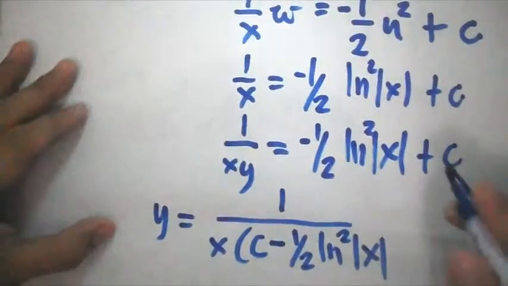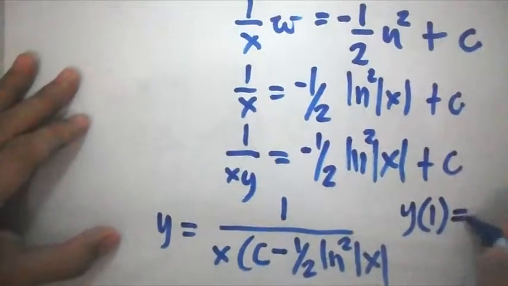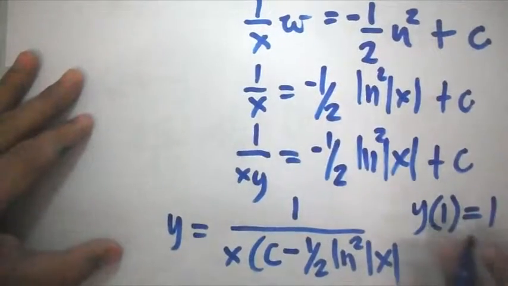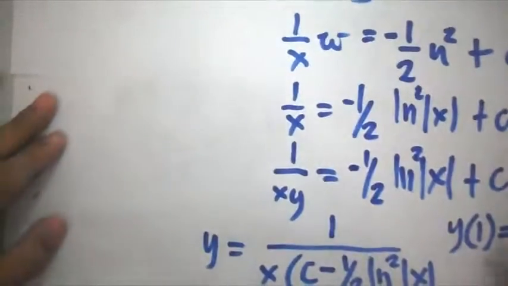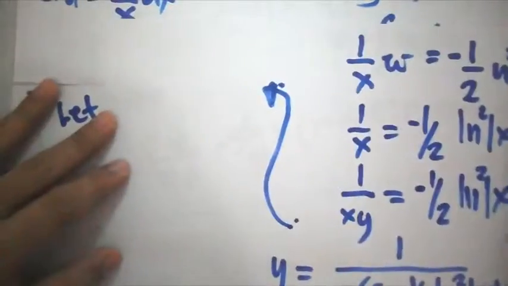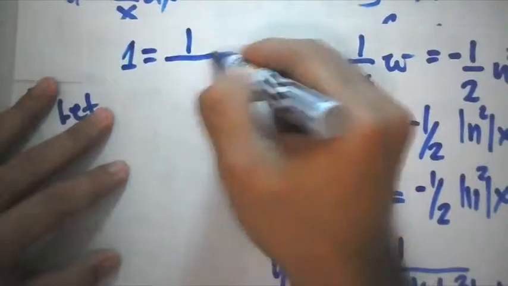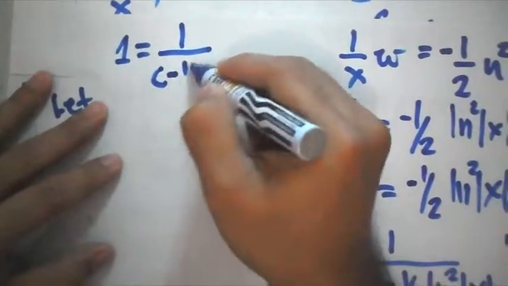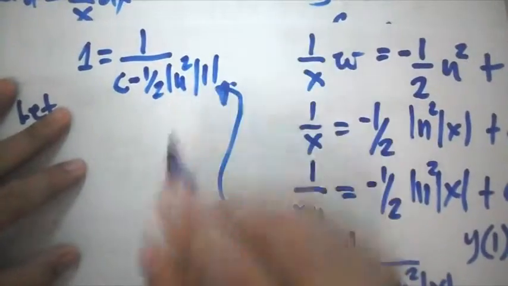So remember that we have an initial value of y(1) is equal to 1. So substitute x is equal to 1, y is equal to 1. So now this will become 1 is equal to 1 over c minus 1 half ln squared of 1.